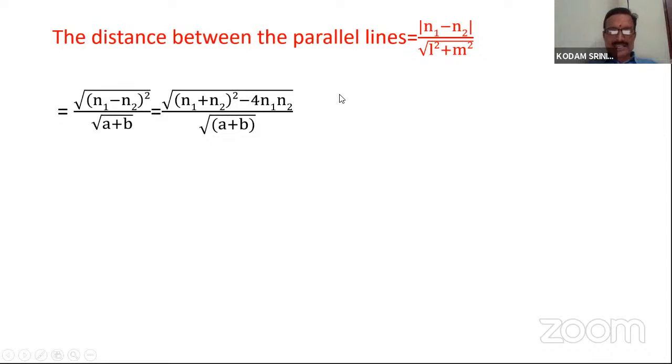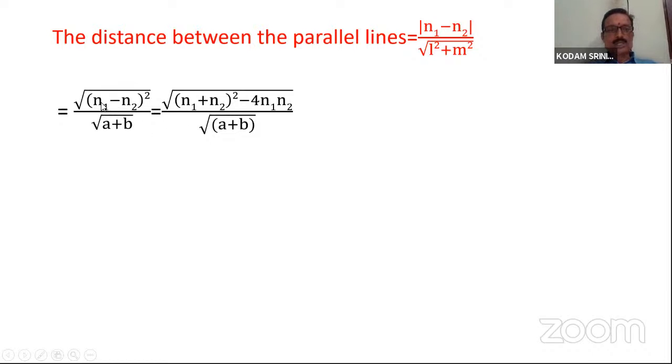Again, x can be written as root x whole square. So here, modulus of n1 minus n2 is a positive value, so this can be written as under root of (n1 minus n2) whole square. Already we know that L square equals a and M square equals b. So here we will get under root of (n1 minus n2) whole square by under root of a plus b.